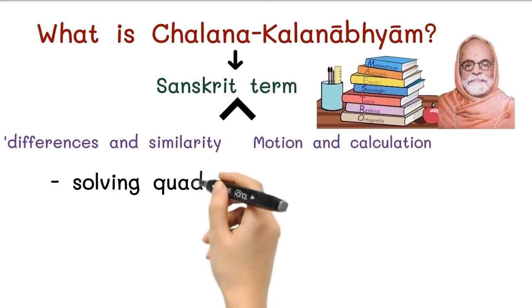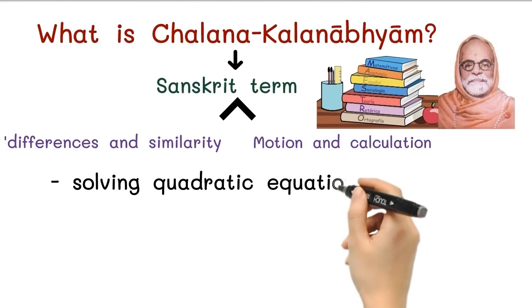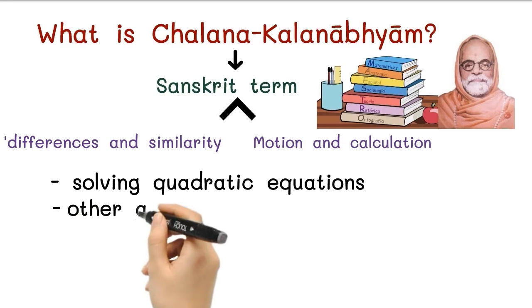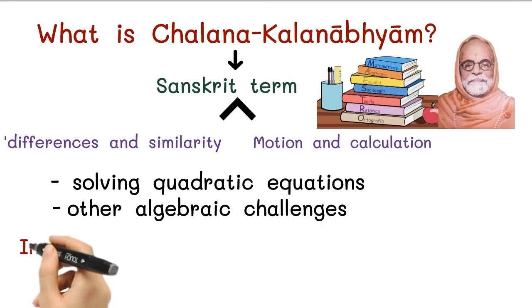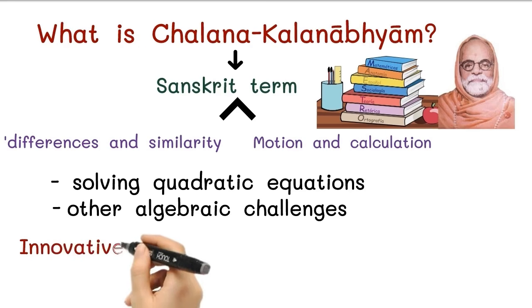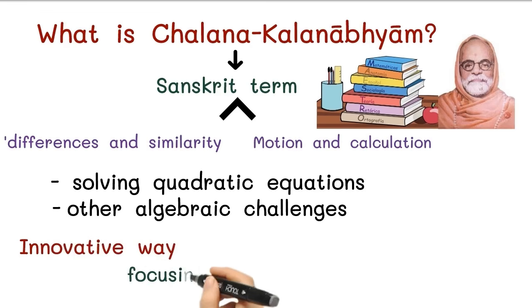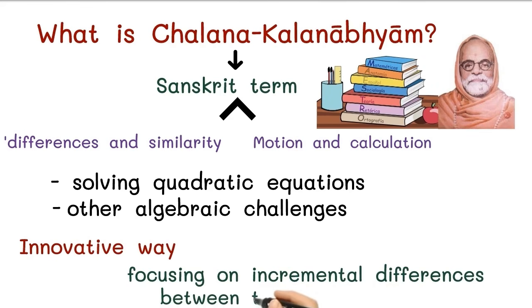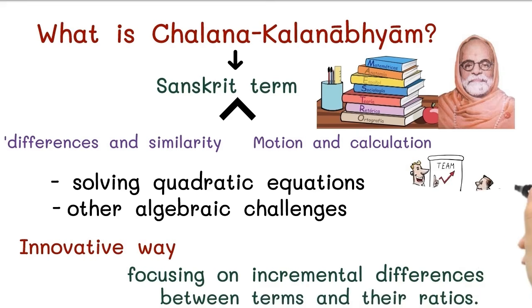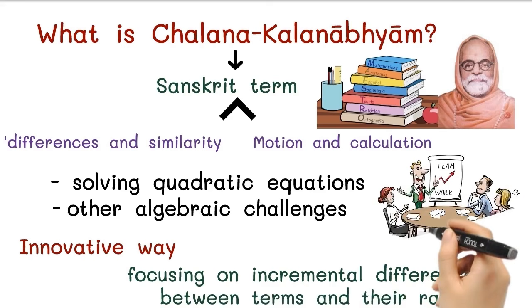This sutra primarily focuses on solving quadratic equations but extends its utility to other algebraic challenges. It introduces an intuitive way of calculating by focusing on incremental differences between terms and their ratios. This allows us to bypass lengthy traditional methods for quicker, more intuitive results.